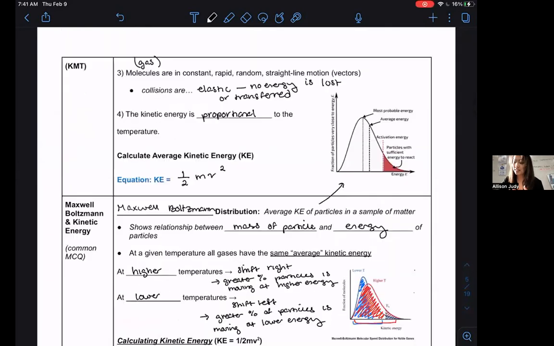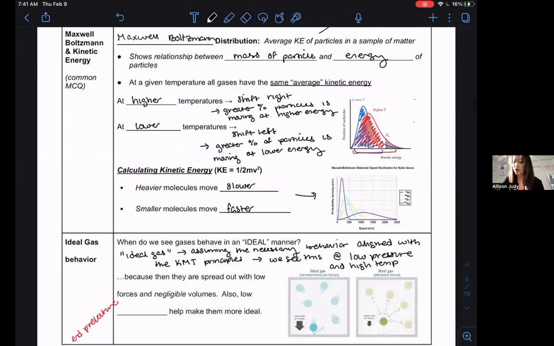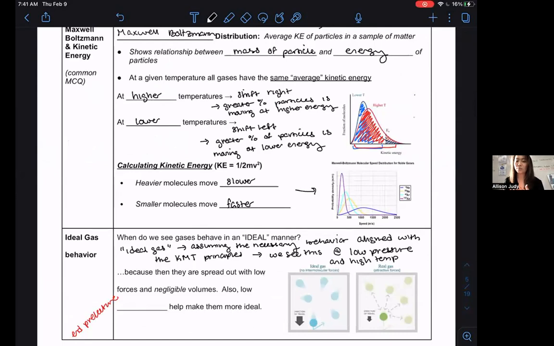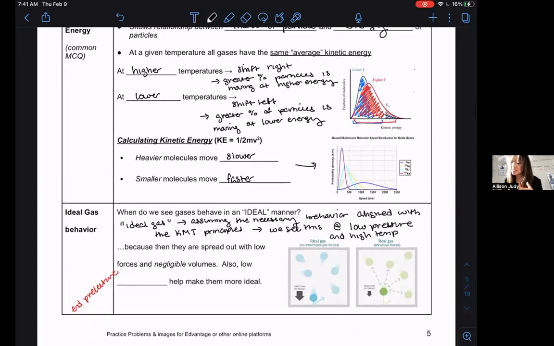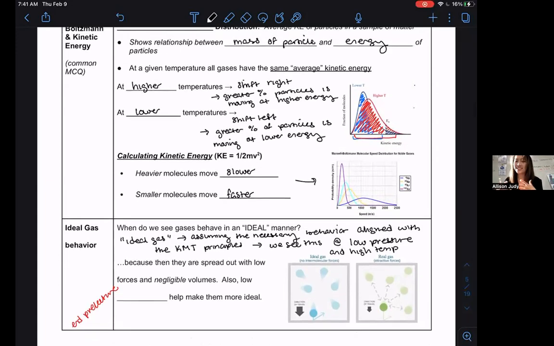We assume then that the faster they move, we're probably going to see more elastic-like behavior because they'll collide so hard that sometimes you just kind of go past each other. It's like the trick of pulling out the tablecloth from the table. If you do it fast enough, it's almost like the particles don't have time to catch up to realize what's happening. So it makes sense that we see this ideal-like behavior, this KMT postulate assumption behavior, at really low pressures and high temp.